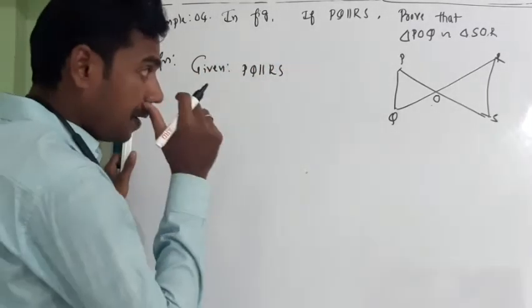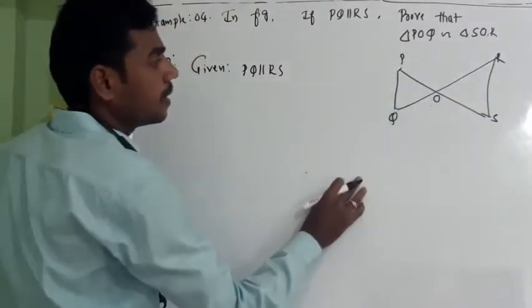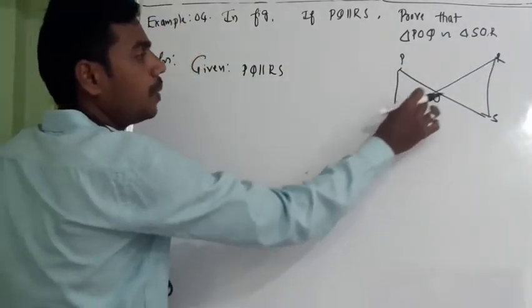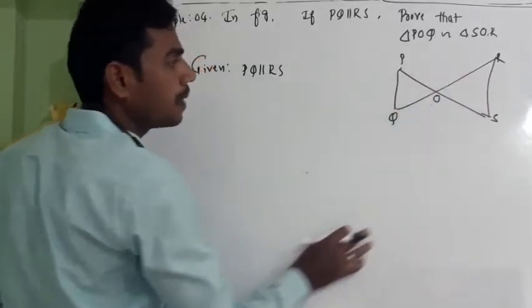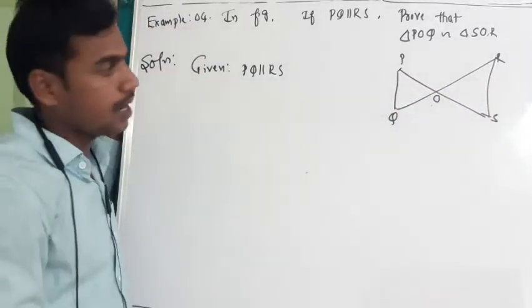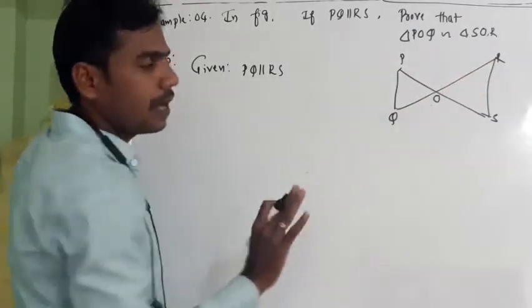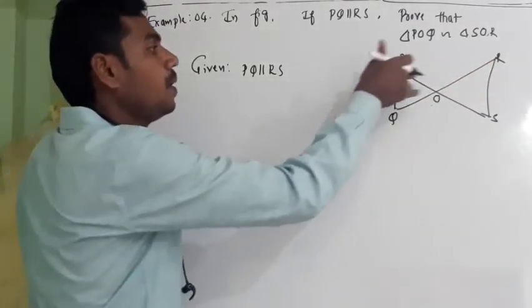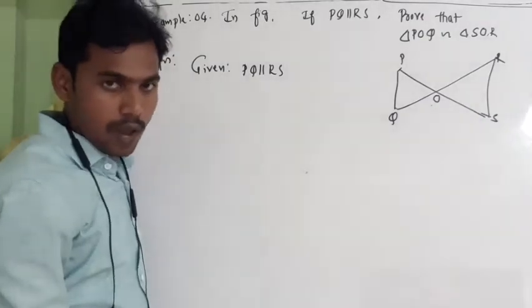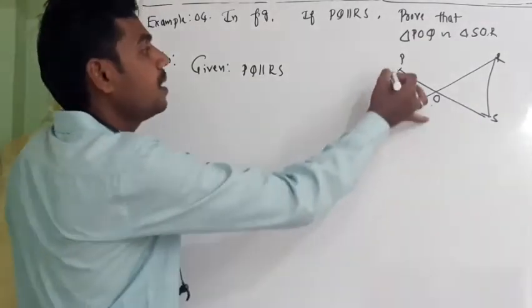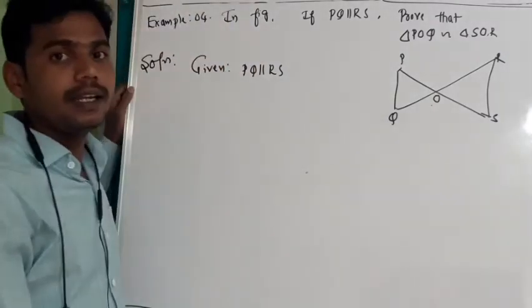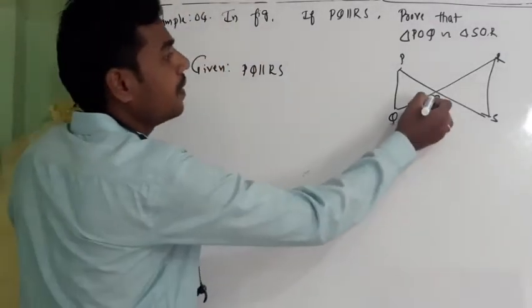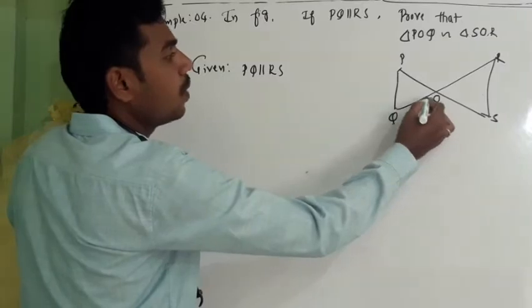So if PQ is parallel to RS, then angle PQO will be equal to angle ORS because they are alternate interior angles, because RQ will be the transversal and PQ and RS are the two parallel lines. The same with OPQ equal to OSR.